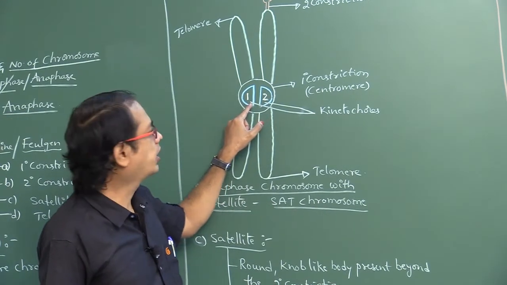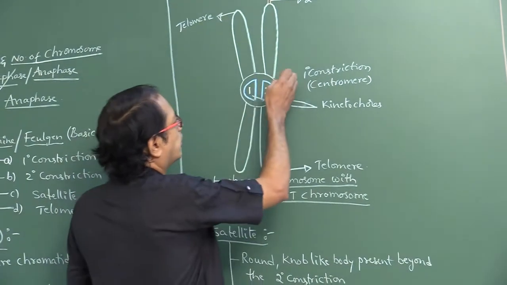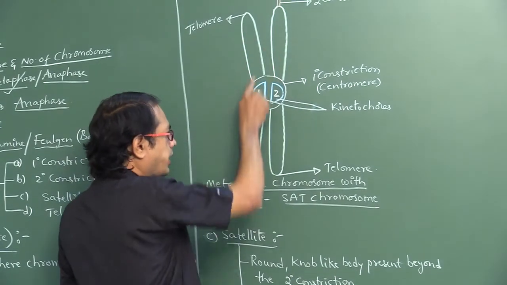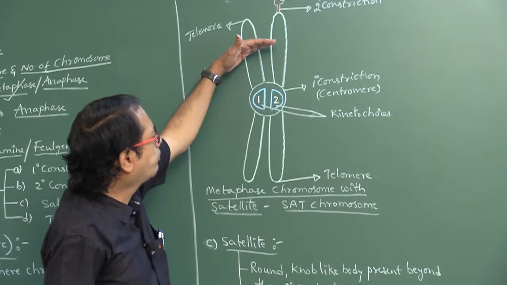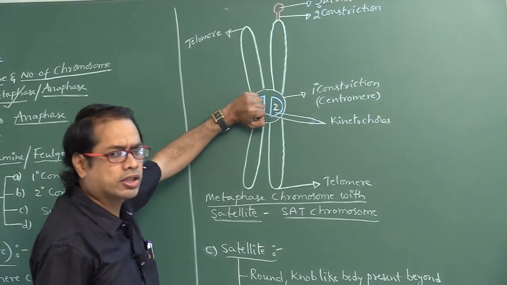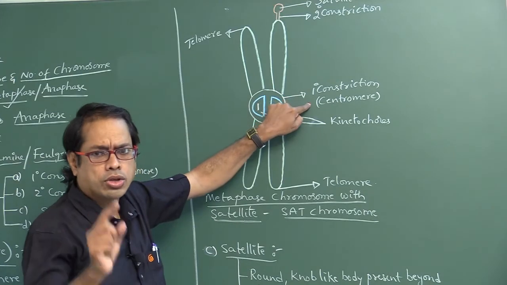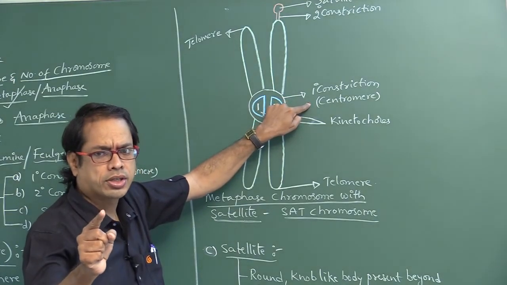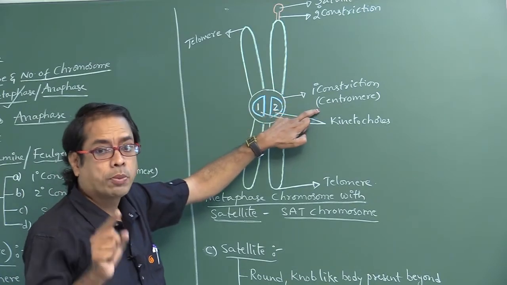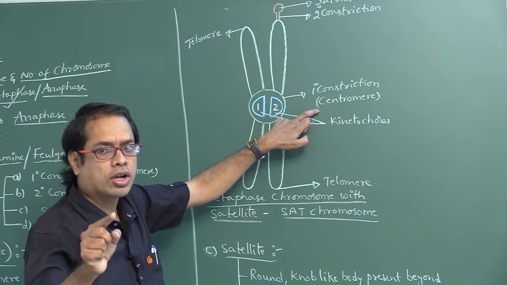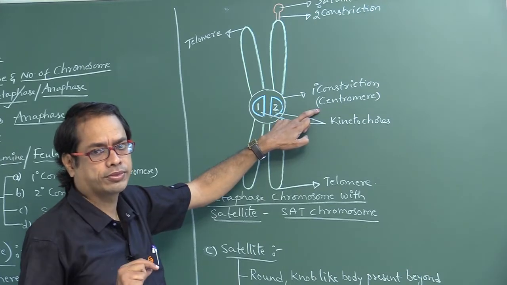Okay, next one. This is chromatid 1. This is the second chromatid. Where the chromatids are held together is called primary constriction, also called centromere. Okay.